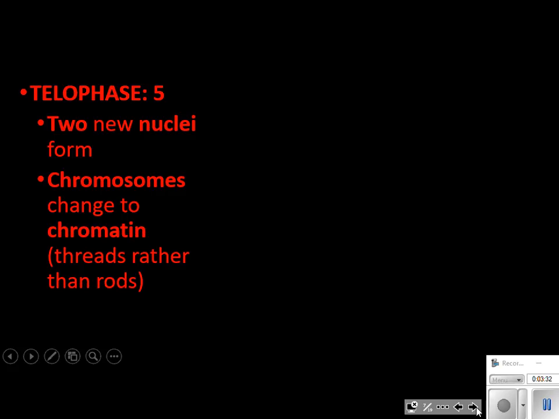The chromosomes change to chromatin, which are threads rather than the rods that you saw before. So the chromosomes change to what we call chromatin. And finally, mitosis ends.